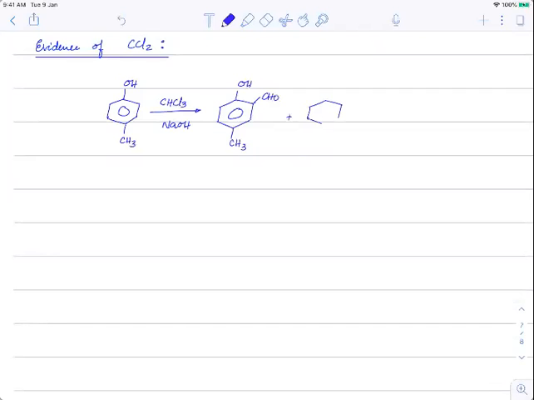Along with that, we expect para also to form. But unlike that, the problem here is at the para position, there is already a group. So because there is already a group, now the reaction will end here only. CHCl2. यहीं पर end हो जाएगा reaction. इसके आगे proceed नहीं.